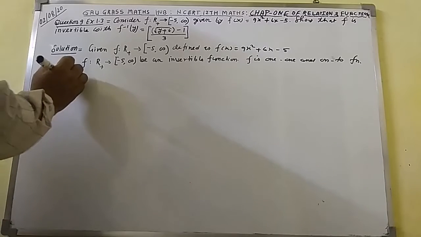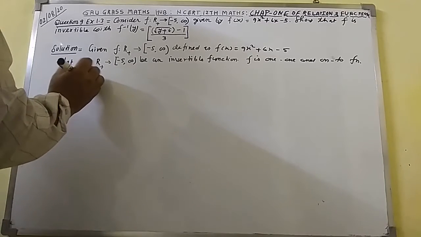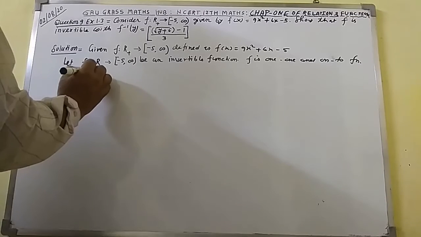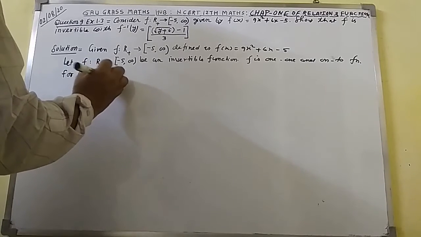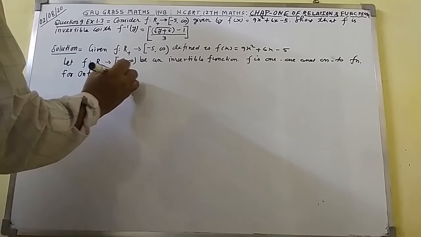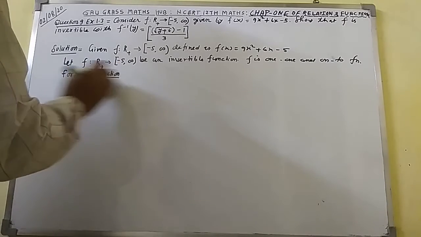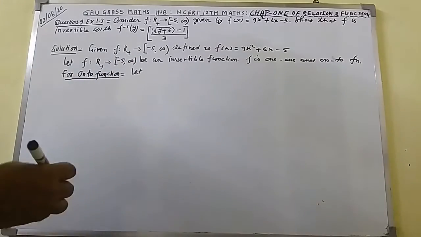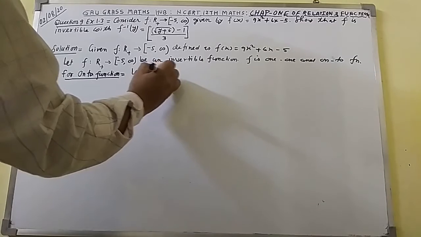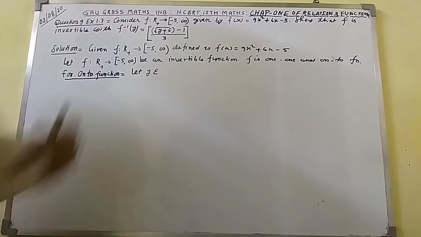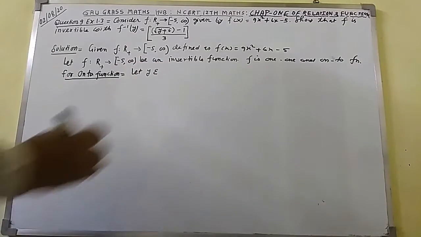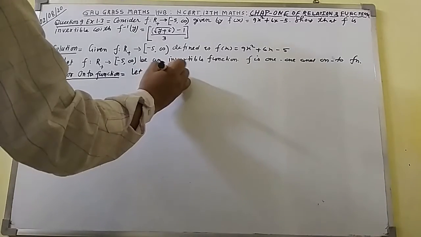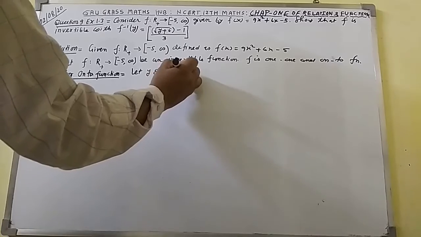So for onto function, let small y belong to the closed interval [-5, infinity).